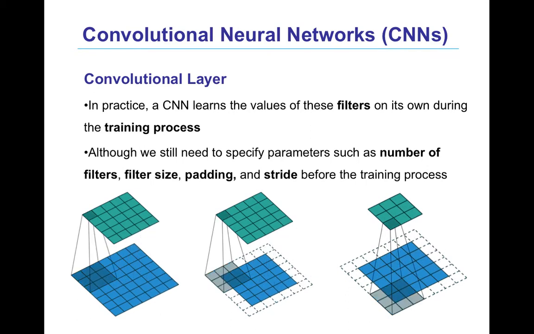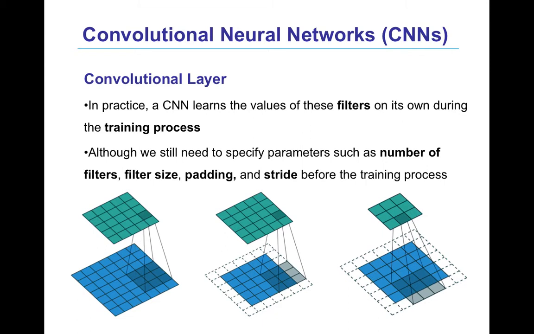But you may not need to look at all the pixels, all the images produced by those windows. You may want to jump around and not overlap them too much, and then you increase the stride. In that case, you're going to be jumping instead of 1 pixel, maybe 2 or 3.